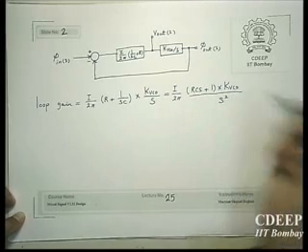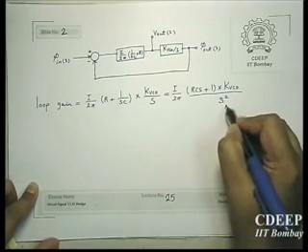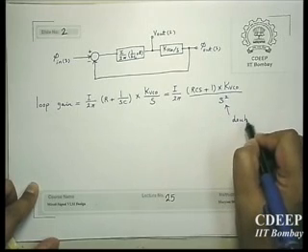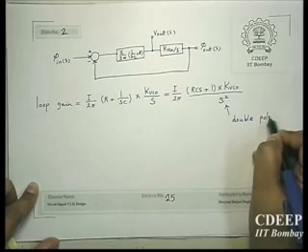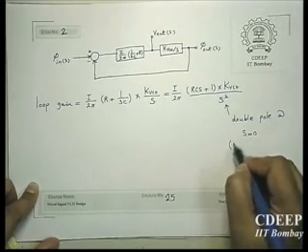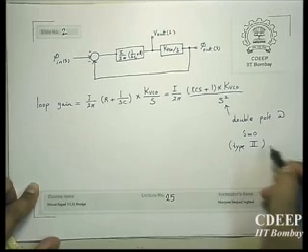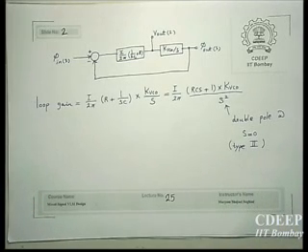So now loop gain is second order, it has a double pole at S equal to 0 and it has 1 zero. So because there is a double pole at s equal to 0, it is called type 2. It's a type 2 system or type 2 PLL. And type 1 is the case when you have one pole at s equal to 0. This is just for the information.